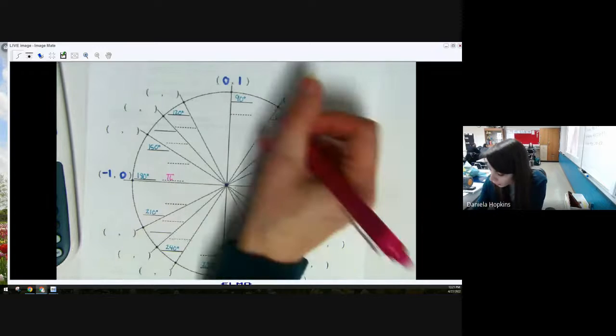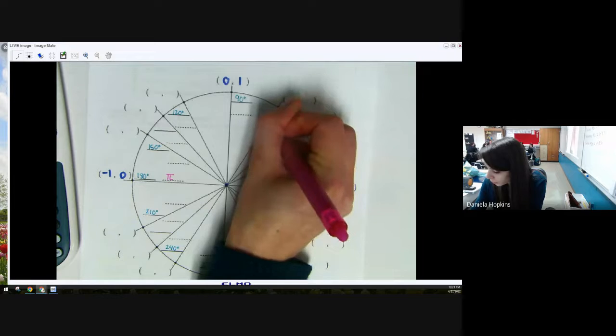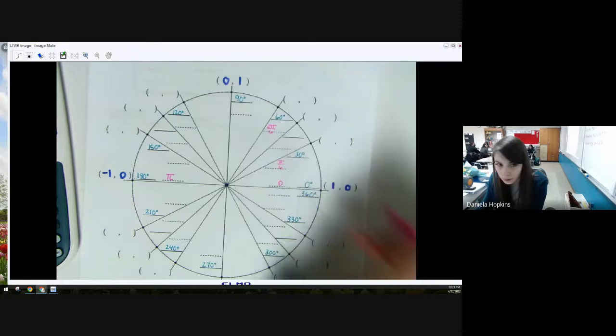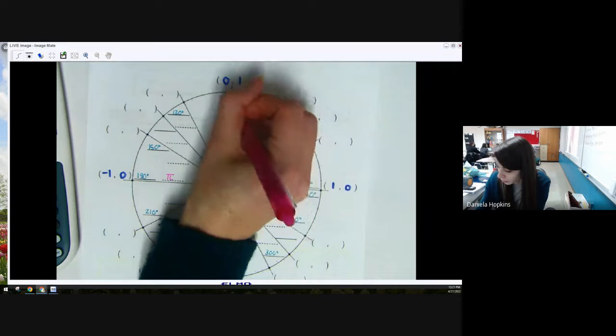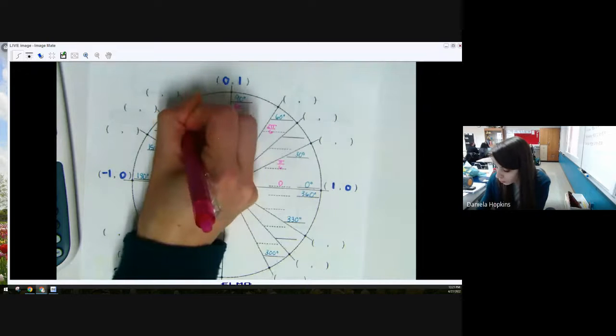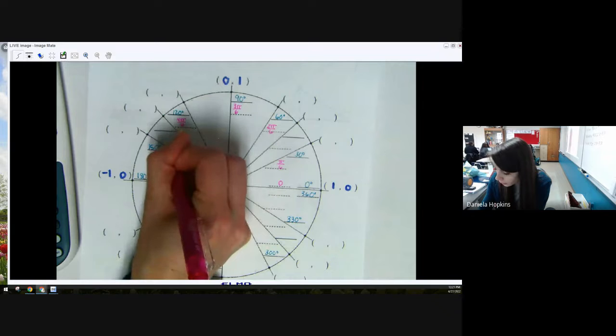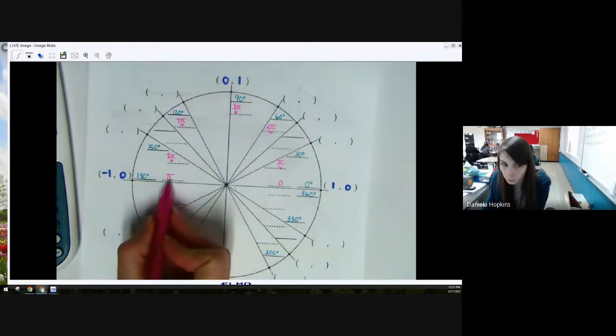Then if I do, and I'm going to do something crazy here, I'm not going to reduce for a second. We'll come back and reduce. Skip a line, but this would be 2 pi/6. 3 pi/6. 4 pi/6. Skip a line. 5 pi/6. This one would be 6 pi/6.